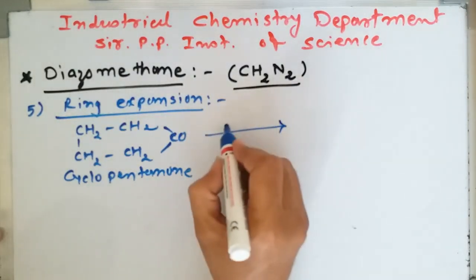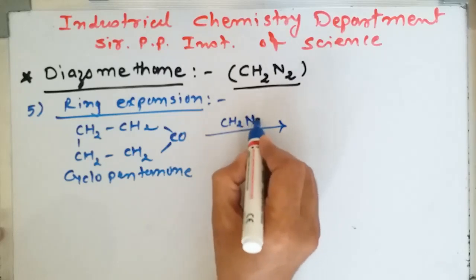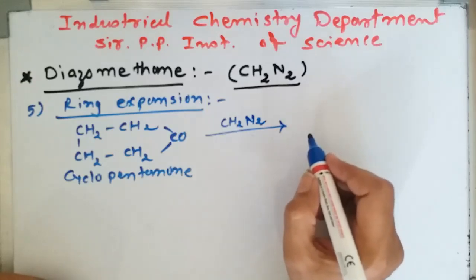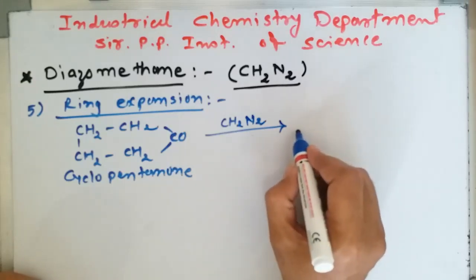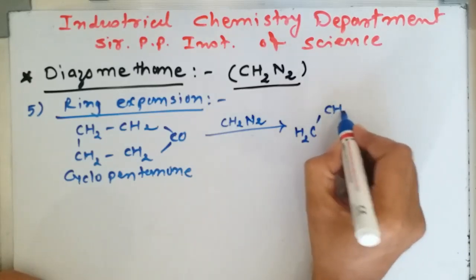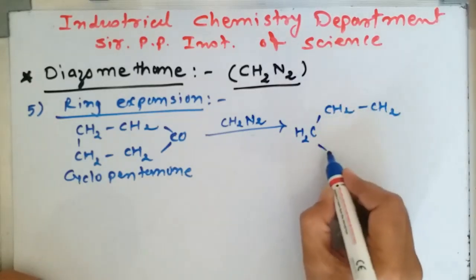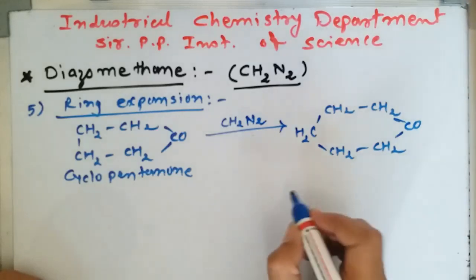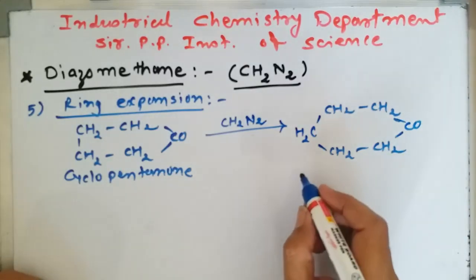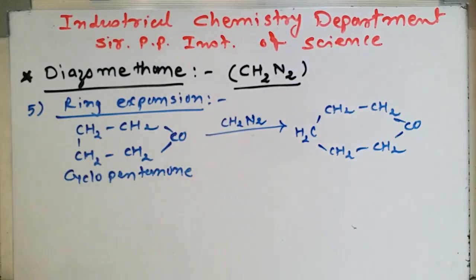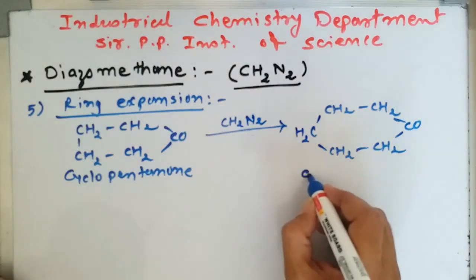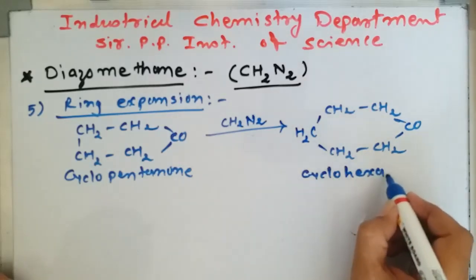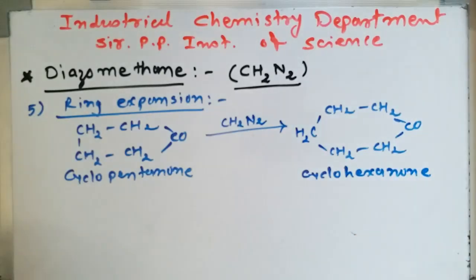This cyclopentanone is treated with diazomethane, CH2N2, then it is converted into a ketonic compound with one more carbon atom, so it is cyclo 1, 2, 3, 4, 5, 6, cyclohexanone.